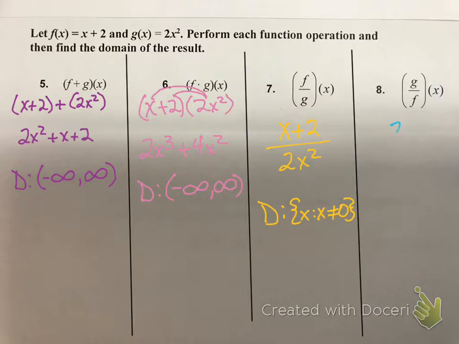So, it's all real numbers except 0. Reverse it, we end up with 2x squared over x plus 2. Set that denominator equal to 0, and what causes that to be 0 is negative 2. So my domain is all real numbers except negative 2.